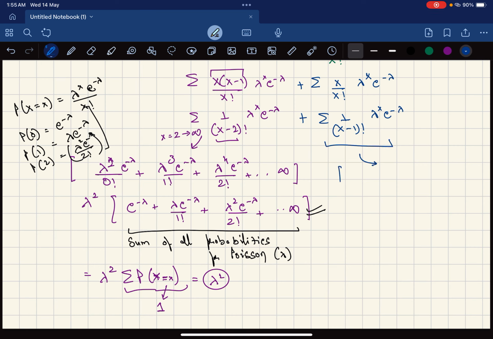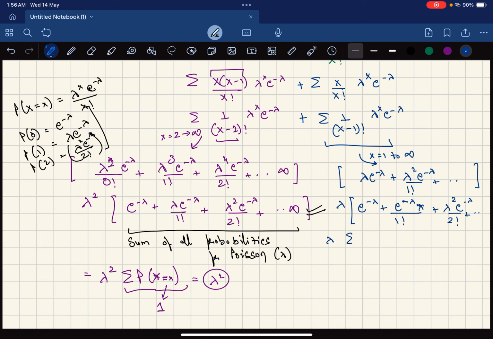Now once we have done that, we will also look at this second part here. One can imagine this is a very similar analysis to what we did for the first part. This will again start from x equal to 1 to infinity, and we'll have lambda e to the power minus lambda plus lambda square e to the power minus lambda upon 1 factorial plus so on. This again we take out lambda and we'll be left with e to the minus lambda plus lambda e to the minus lambda upon 1 factorial plus lambda square e to the minus lambda upon 2 factorial, and so on.